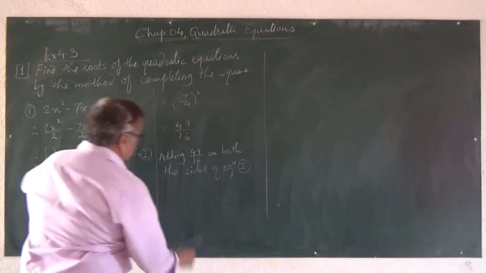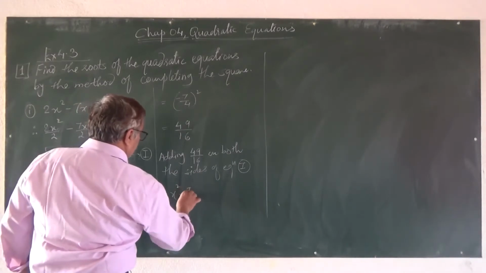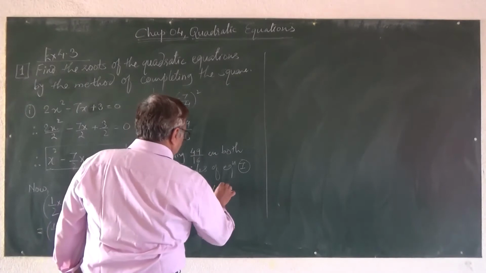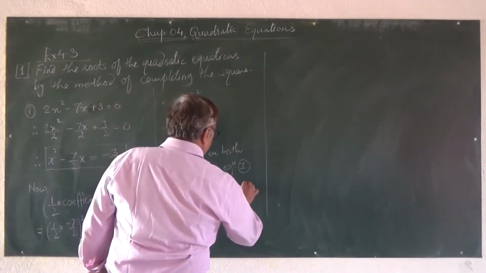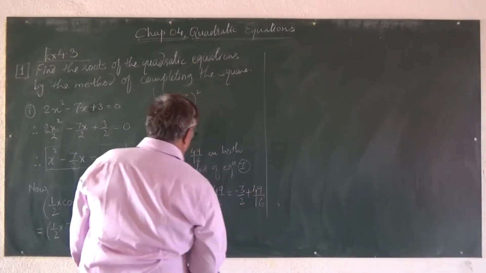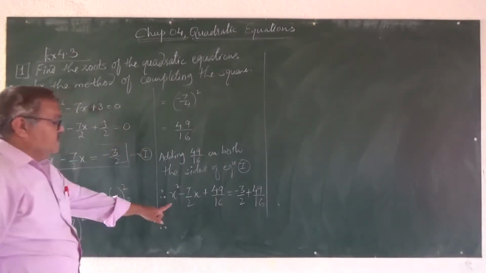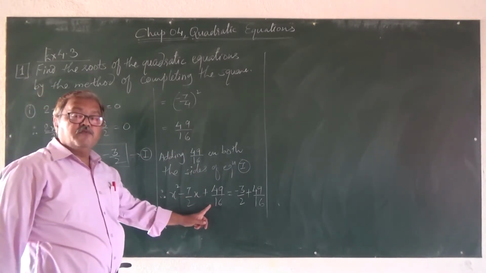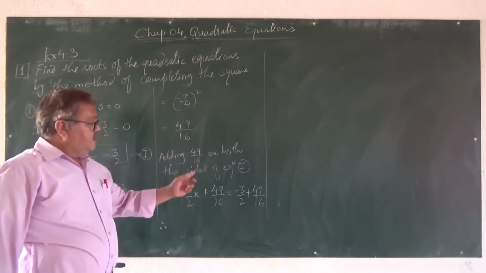So therefore what you are going to get? x square minus 7 by 2 into x plus 49 by 16 is equal to minus 3 by 2 plus 49 by 16. If you observe carefully, the first term is a perfect square and the last term on the left hand side is also a perfect square. 49 upon 16 is the square of 7 by 4.